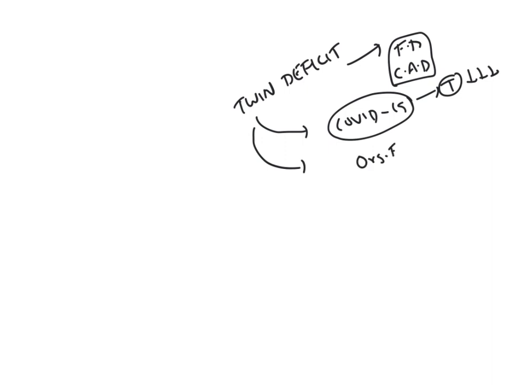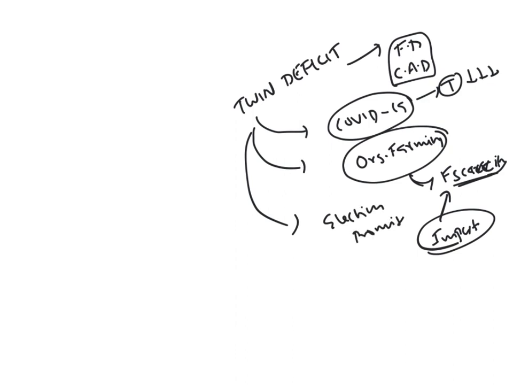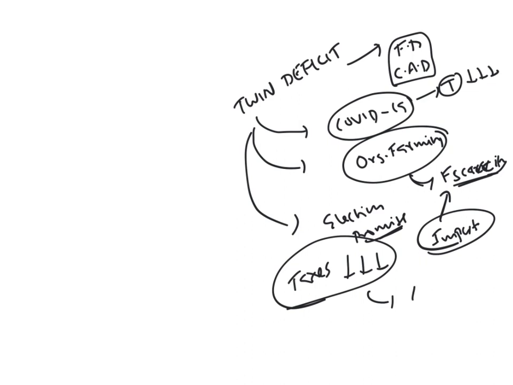Organic farming was a bad decision by the government, because of which food scarcity happened in Sri Lanka. So due to the scarcity of food, they needed to import food. Election promises were another bad decision by Sri Lanka. As per election promises, they decided to reduce taxes, because of which their income went down.